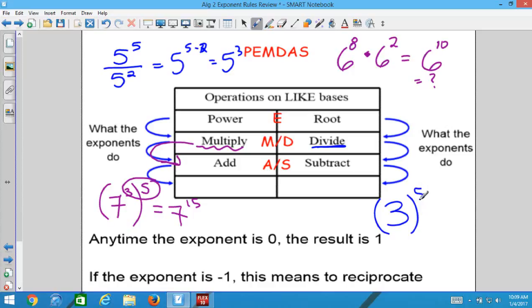What's the exponent on the 3? 1. There's a 1 right here. Even though they don't write it, there is a 1. So I would multiply these exponents and get 3 to the 5th. And then I multiply that out, I don't know what that is. But you can type that part in your calculator. Okay?